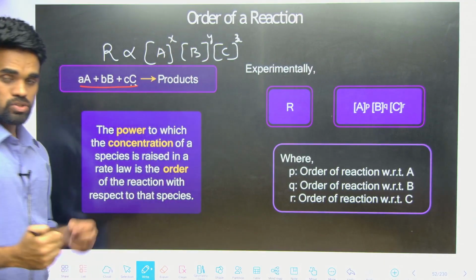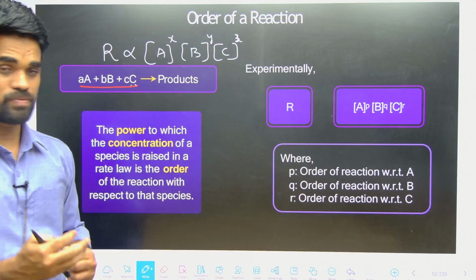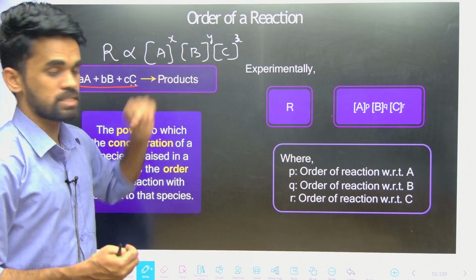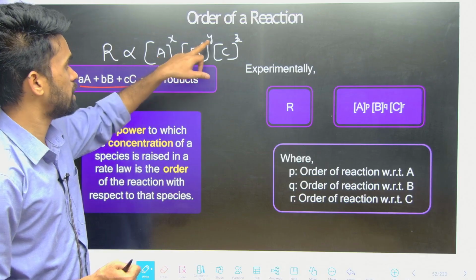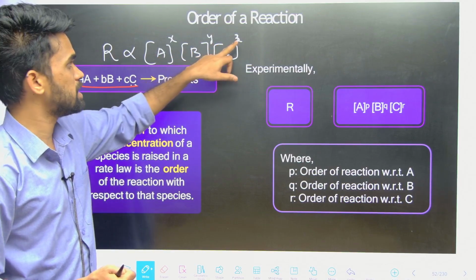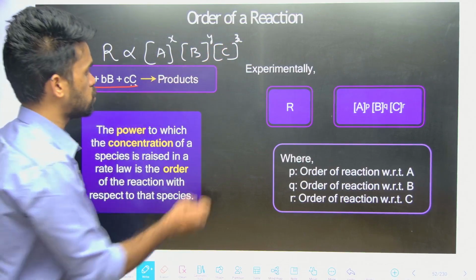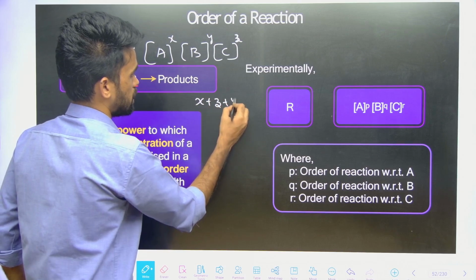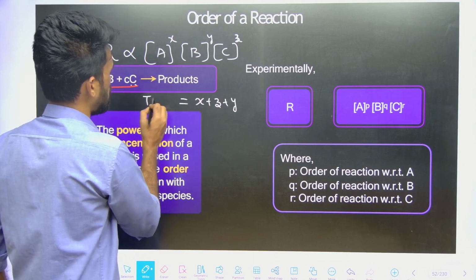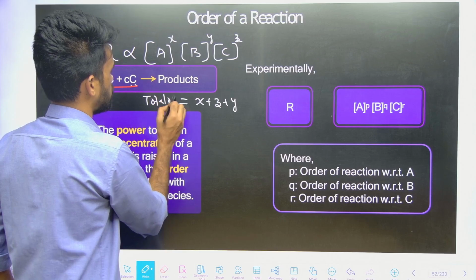Those powers are called orders with respect to each reactant. So x is the order with respect to A, y is the order with respect to B, z is the order with respect to C. Now total order of the reaction, if I ask, x plus y plus z will be considered as the total order of the reaction.